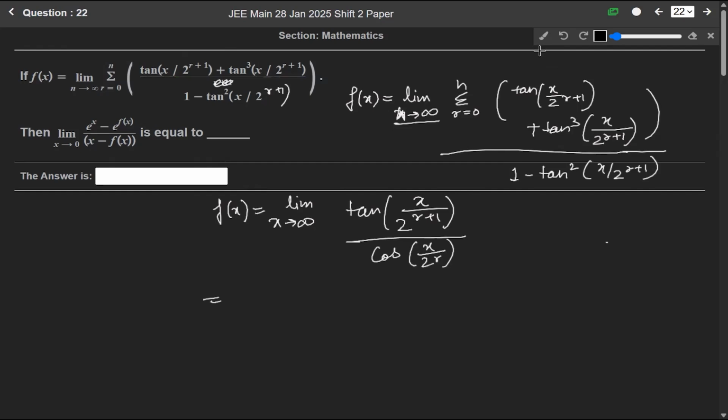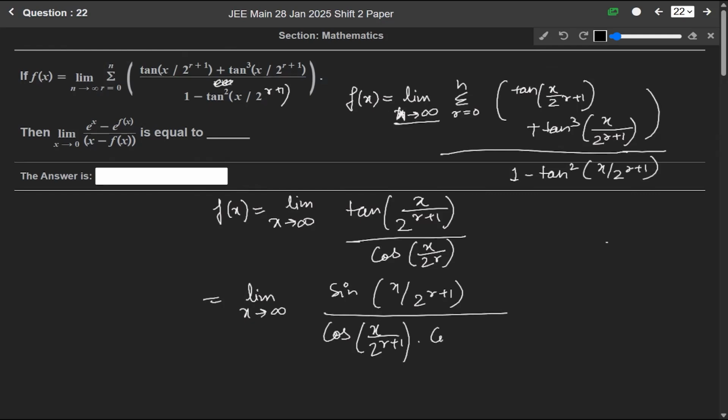Okay, so it will be equal to limit x tends to infinity, and tan will be sine over cos. So it will be sine x over 2r plus 1 over cos x over 2r plus 1 into this cos x over 2r. Okay.